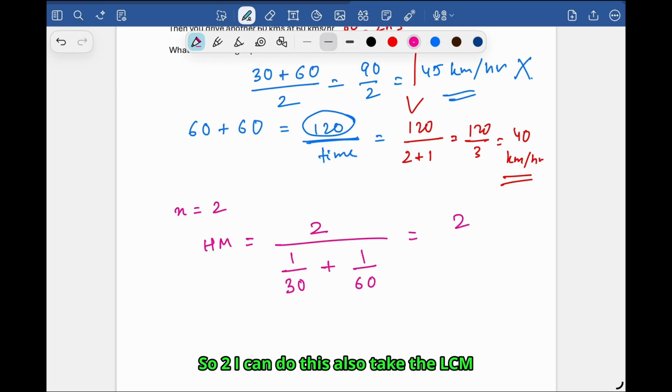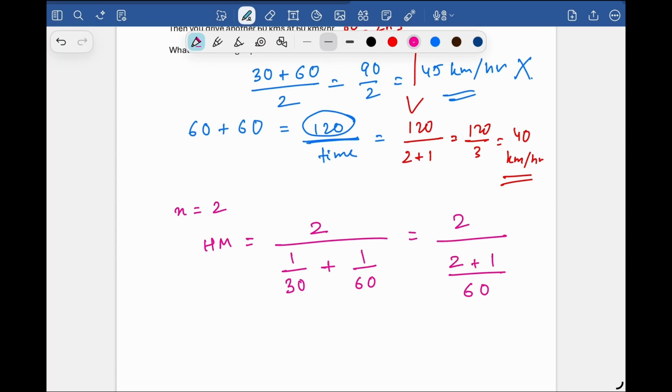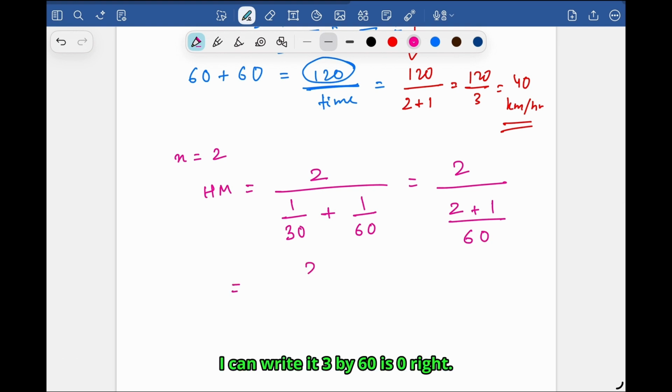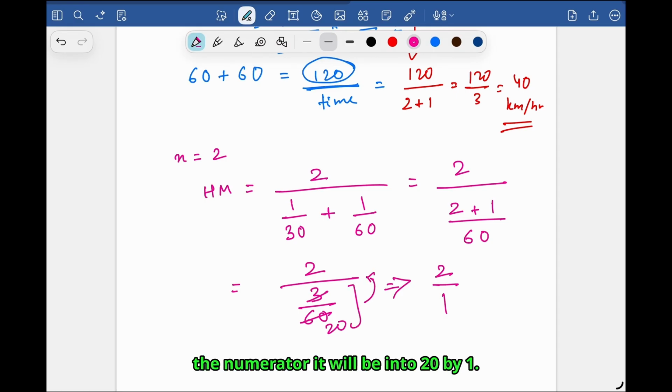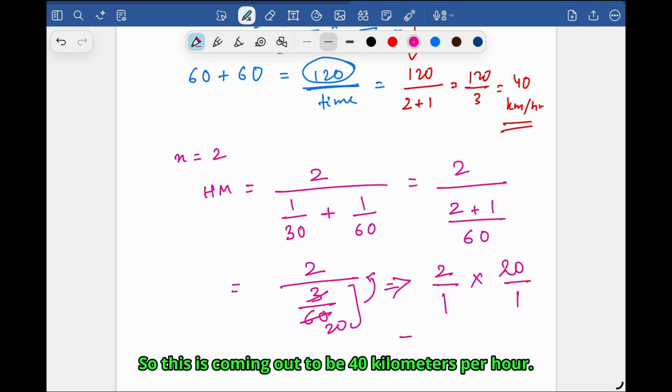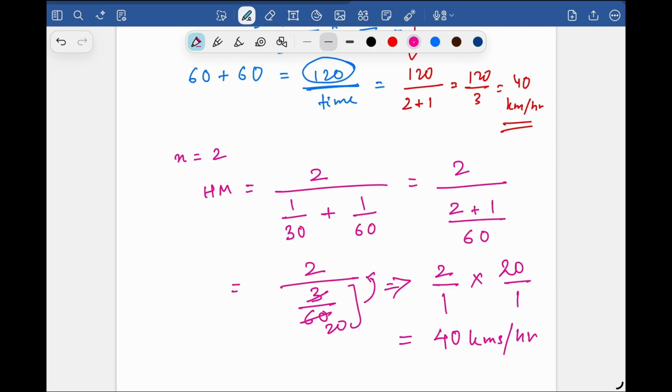Take the LCM, 60, this will be 2 plus 1, I can write it as 3 by 60. So 2 divided by 3 by 60, taking this to the numerator, it will be 2 into 20, and this is coming out to be 40 kilometers per hour, right?